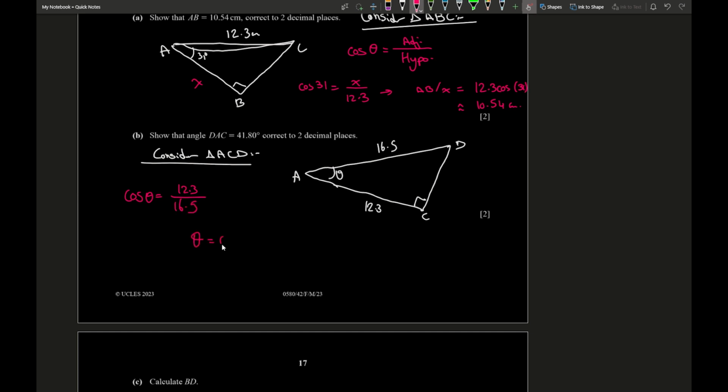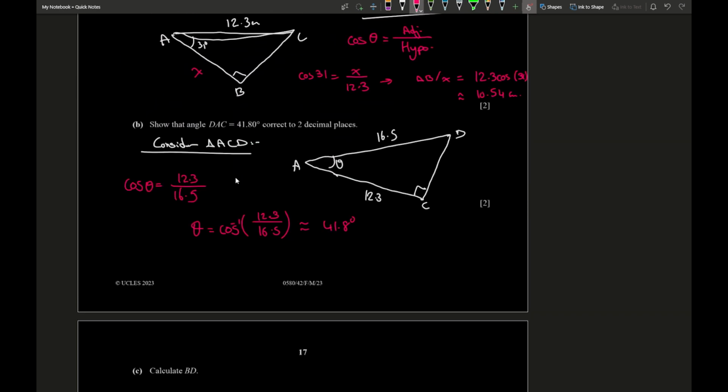So theta is equal to the cosine inverse of 12.3 divided by 16.5, which is approximately equal to 41.8 degrees. Let me double check. Okay, correct, we're right so far.